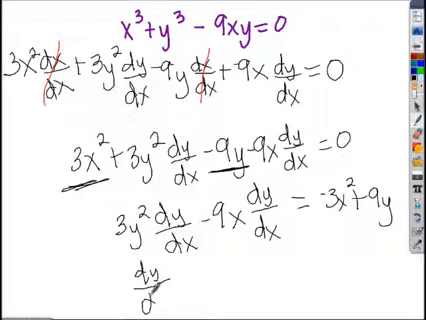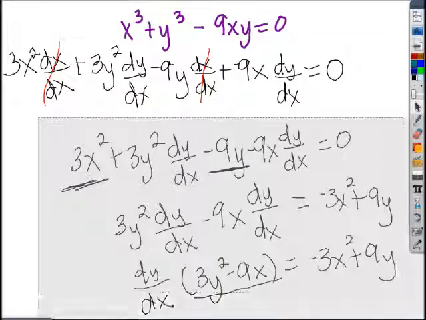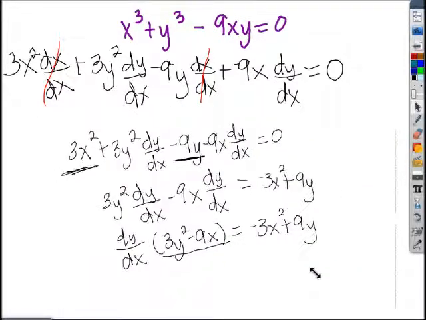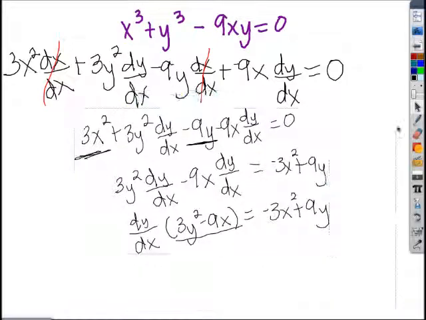It'll look like this. So then I can divide both sides by what's in parentheses here and get dy over dx completely by itself. And inevitably I have run out of space again, so I'm going to shrink this down, move it.